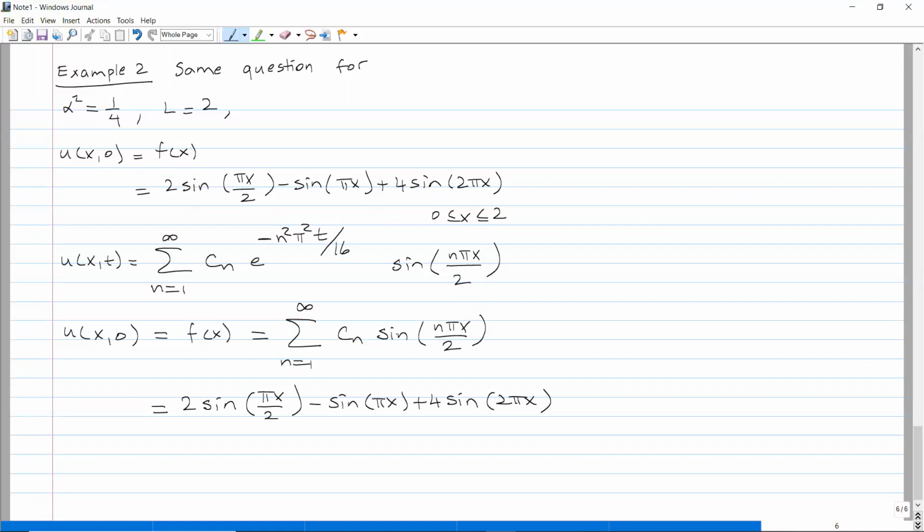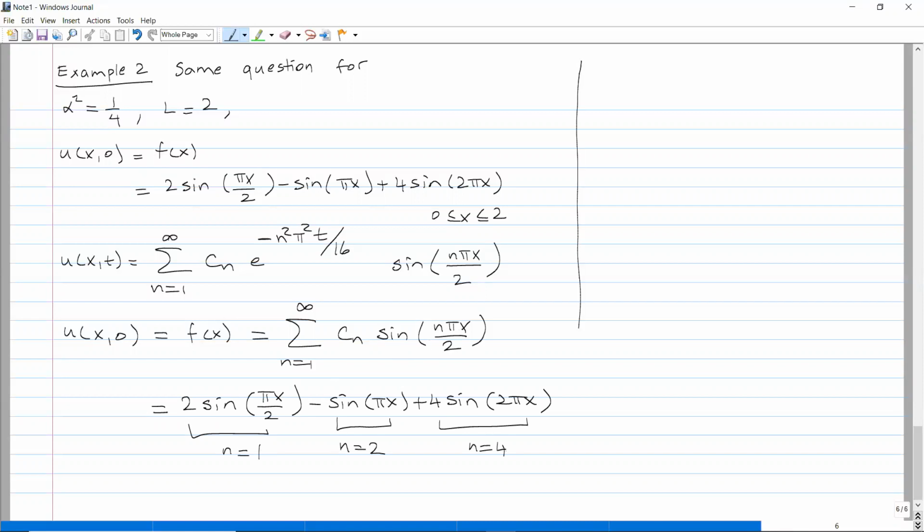So this means in the series, we have only 3 terms, okay? The first term, pi x over 2, corresponds to n equals 1. This term, pi x, corresponds to n equals 2. And this term, 2 pi x, corresponds to n equals 4.